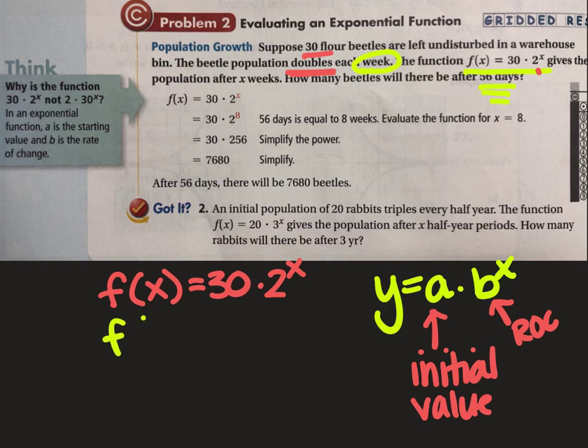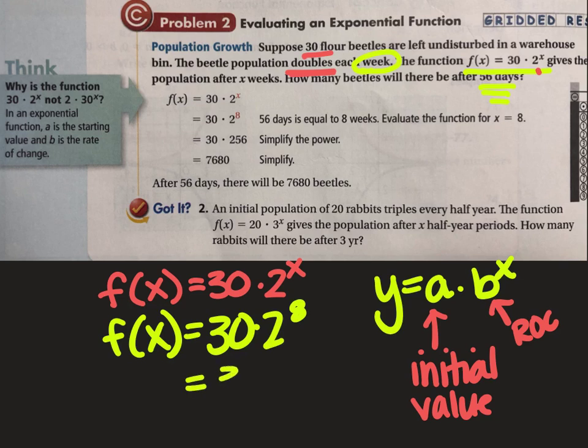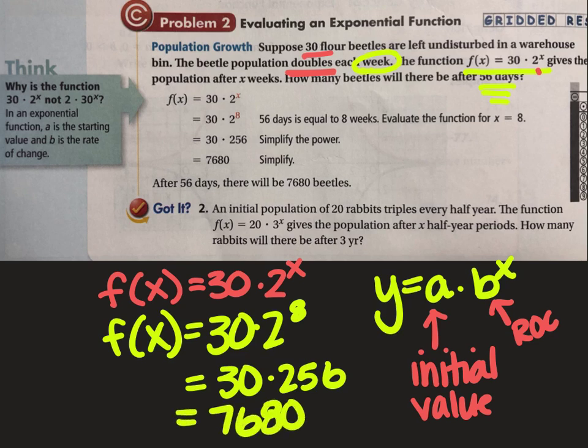So we get f of x equals 30 times 2 to the 8th, 30 times 256, which gives you 7,680 beetles.